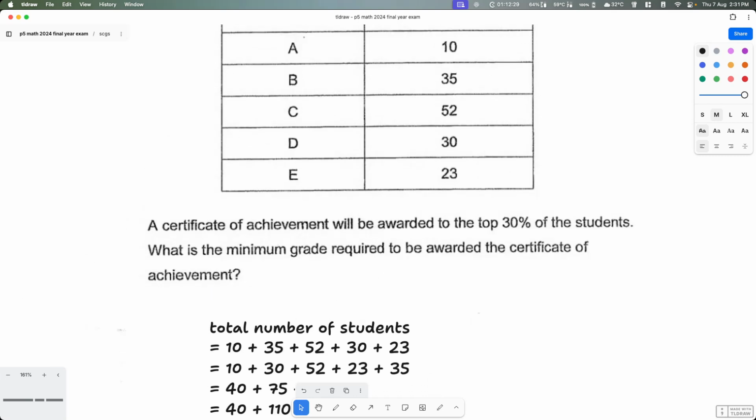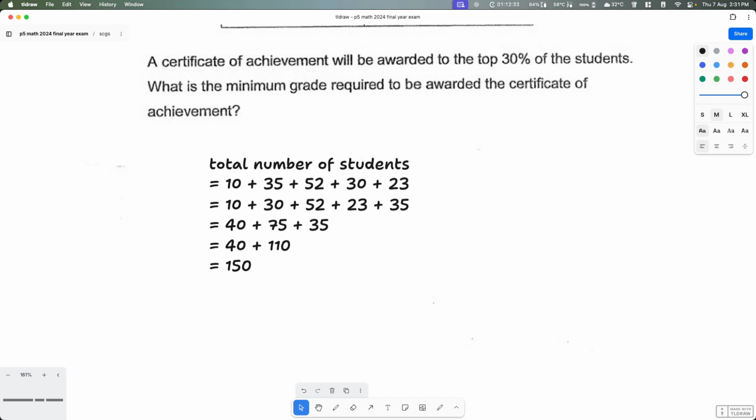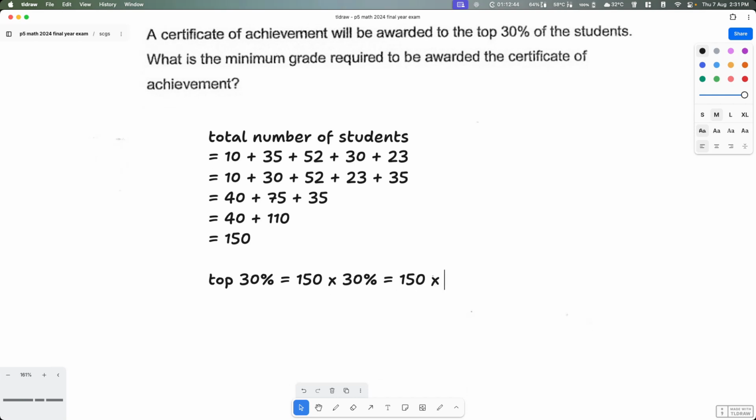Then the next part is you want to get 30%. So top 30% is equal to 150 times 30%, equal to 150 multiplied by 30 over 100, with the line across, like this.